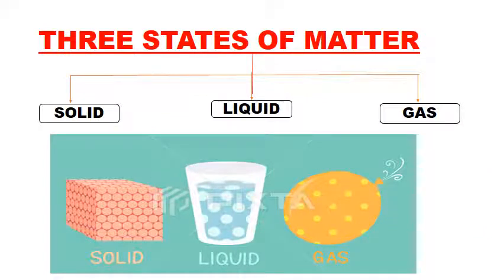There are three states of matter: solid, liquid, and gas. All the three states consist of particles of the same type. It is the arrangement of particles and their movement that is different in each state. Let us learn more about it.